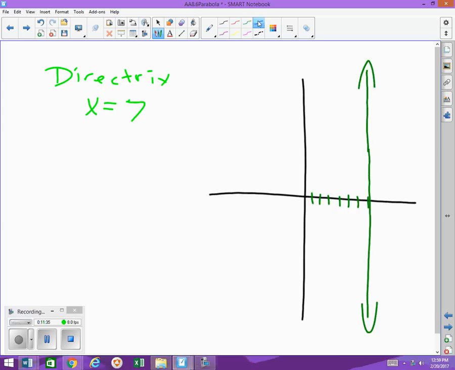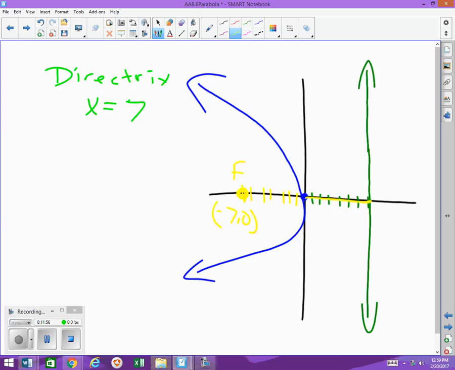Well, we know that our vertex has to be here, and if this is the directrix on the right, the parabola has to open like so, and the focus, if this is 7, then it has to be -7, 0 is the focus, which means the value of p is right there. And p is going to be a -7.